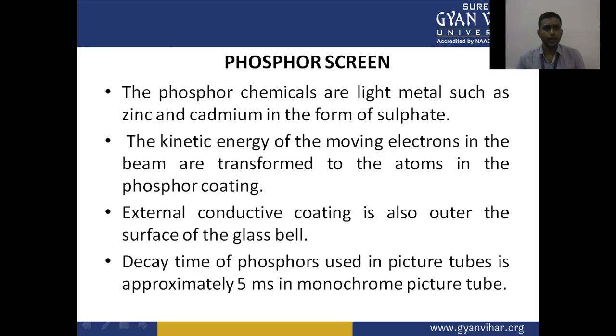The kinetic energy of the moving electrons in the beam is transferred to the atoms in the phosphor coating. The external conductive coating is also on the outer surface of the glass bulb. The decay time of the phosphor used in the monochrome picture tube is approximately 5 milliseconds.